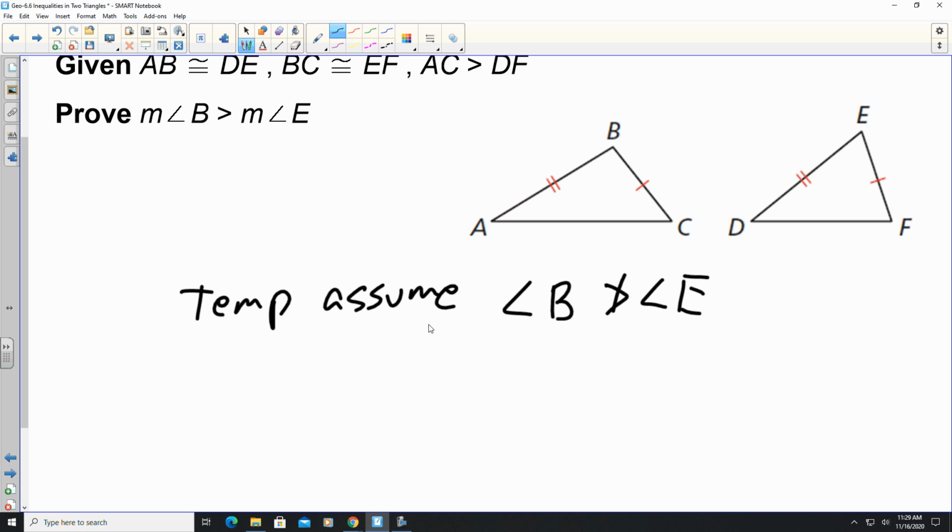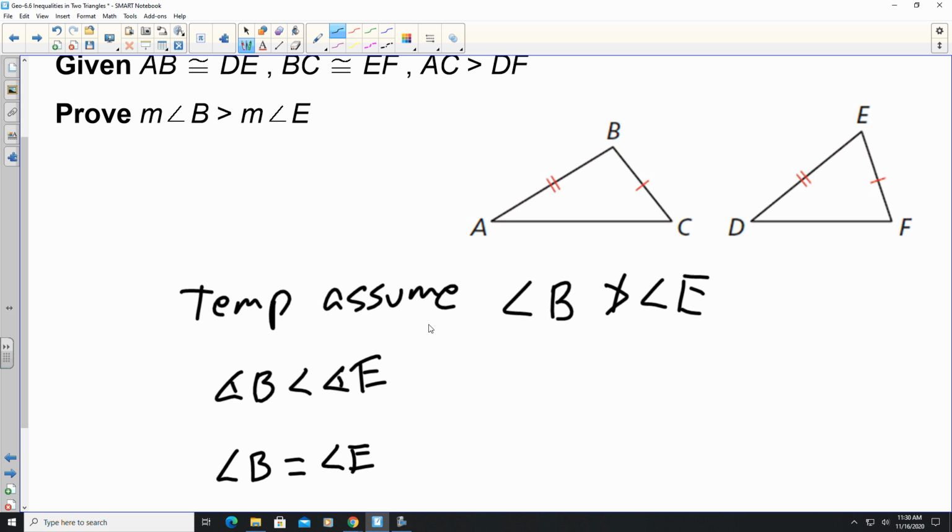So we're going to try to contradict our temporary assumption. So if that's the case, that means that it could be one of two things. It can mean that angle B is less than angle E, or angle B is equal to angle E. One of the two.